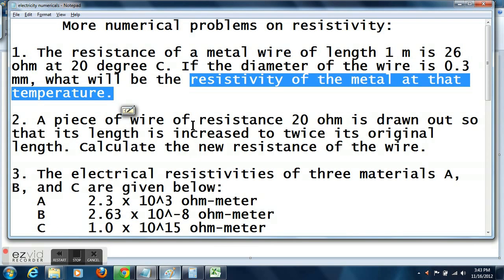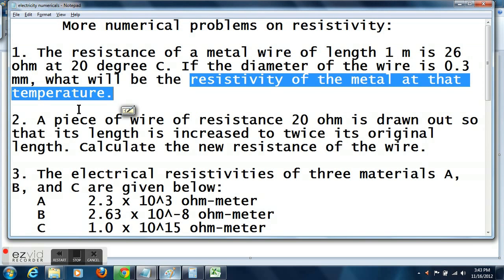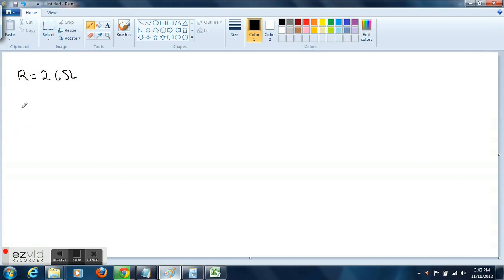Okay, let us first find out what are the things that are available. We know the resistance, which is 26 ohm at 20 degrees Celsius. We know the diameter of the metal wire, which is 0.3 millimeter.